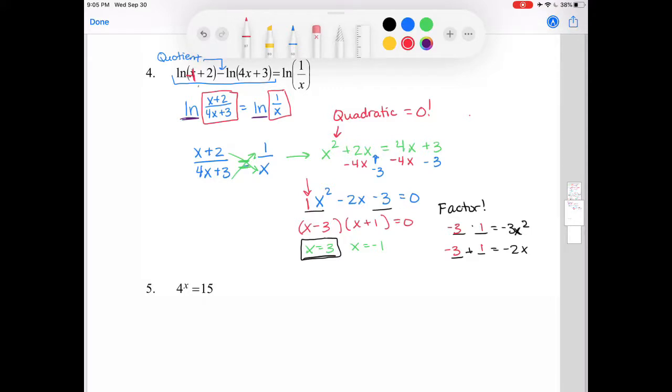Then I'm going to go in and I'm going to check -1. So if I plug in a -1 here, -1 plus 2 is going to give me a +1, so that one works. But then when I plug in a -1 here, 4 times -1 gives me -4, plus 3 will give me a -1 inside there. So just because that one is negative automatically tells me that this will not work.